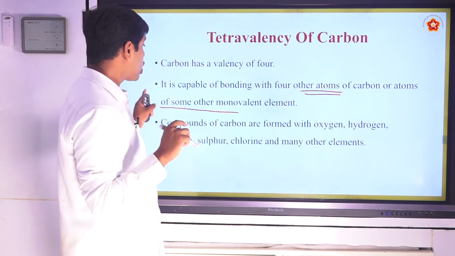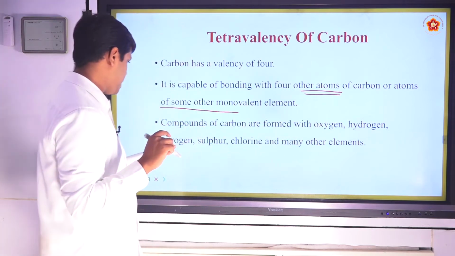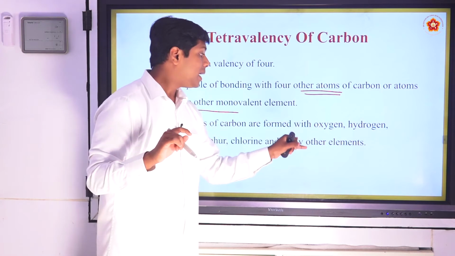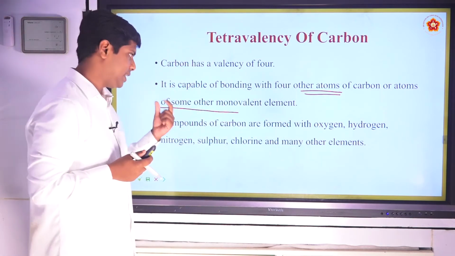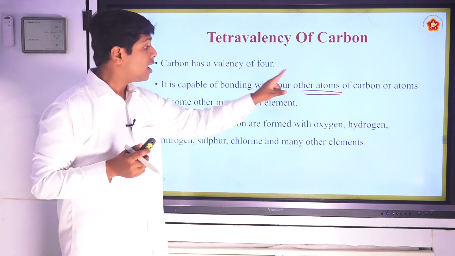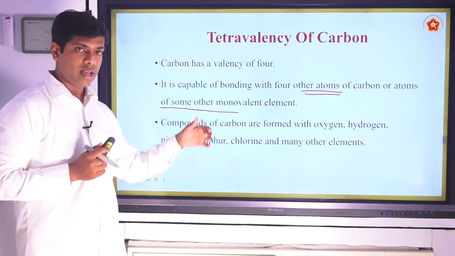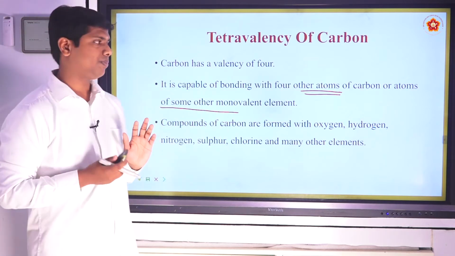Compounds of carbon are formed with oxygen, hydrogen, nitrogen, sulfur, chlorine and many other elements. Very important points here.